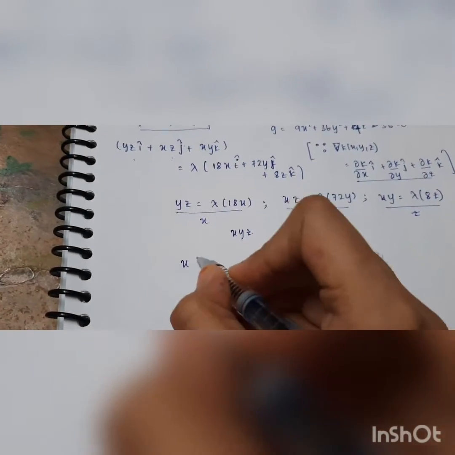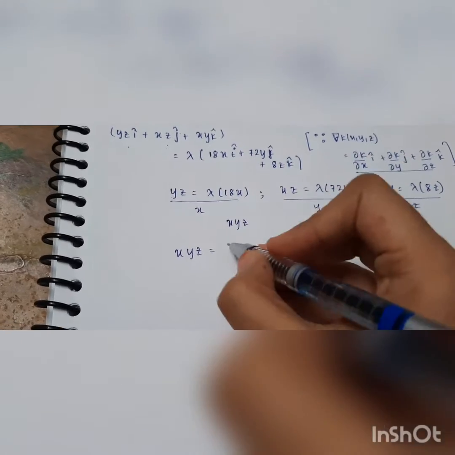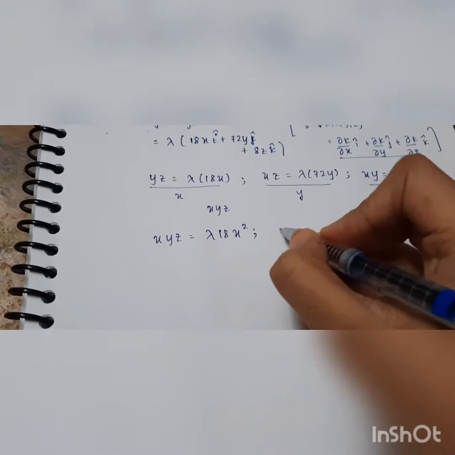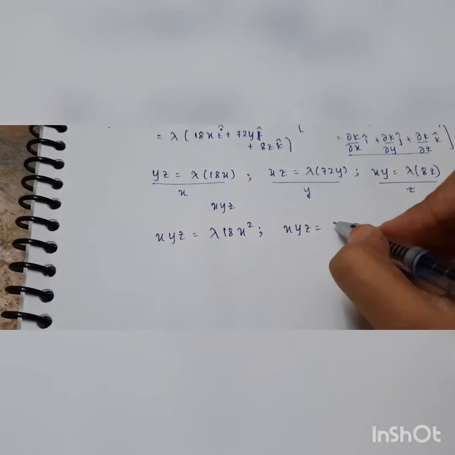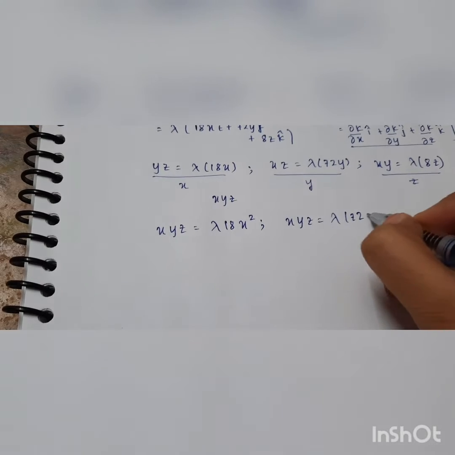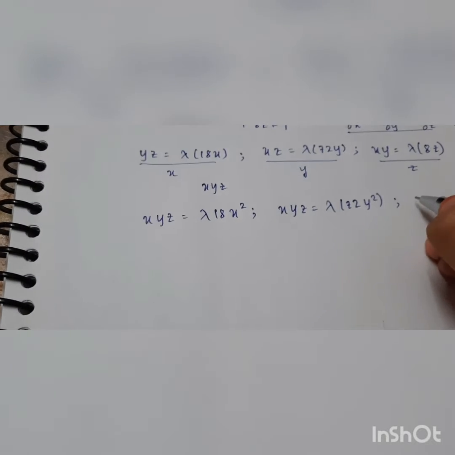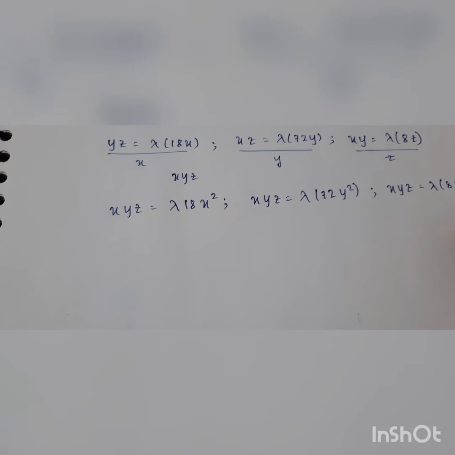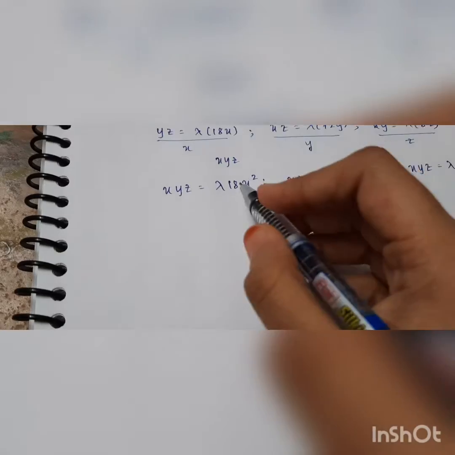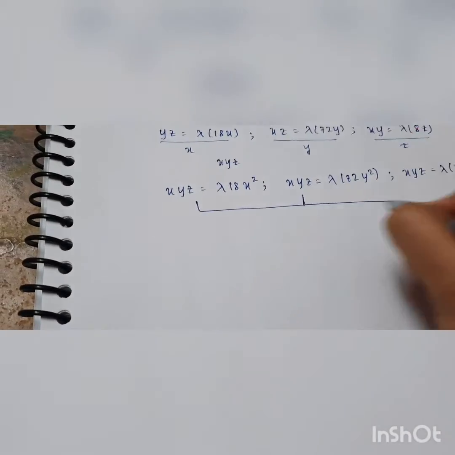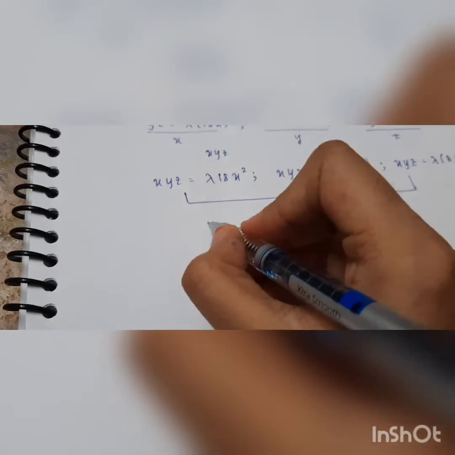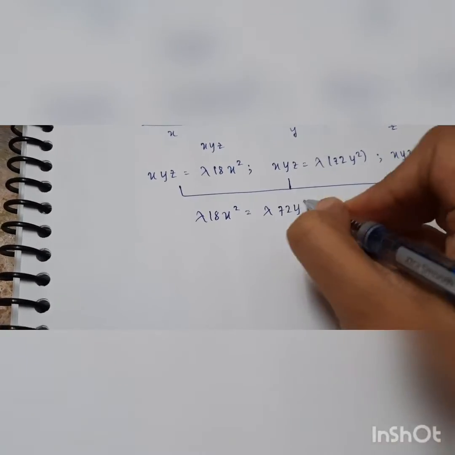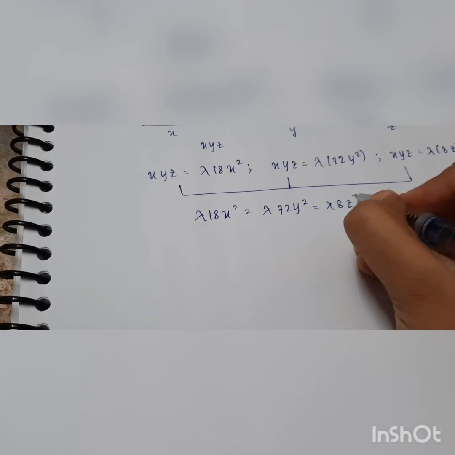So from the first equation we get xyz equal to lambda into 18x², from the second equation xyz equal to lambda into 72y², and from the third equation xyz equal to lambda into 8z². As all these three are equal, lambda 18x² is equal to lambda 72y² is equal to lambda 8z².